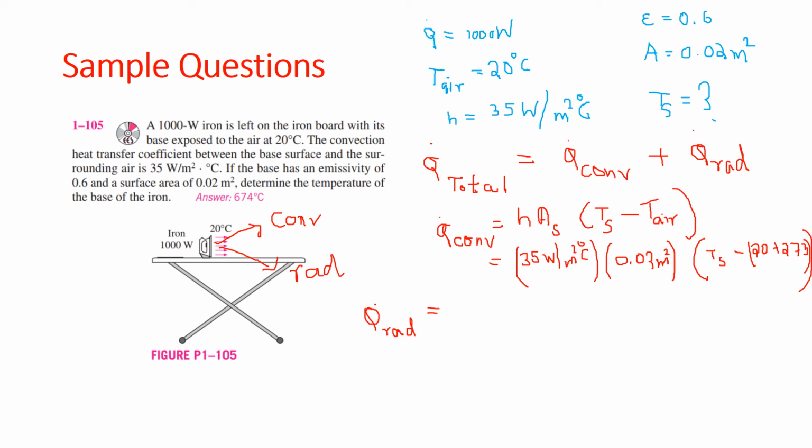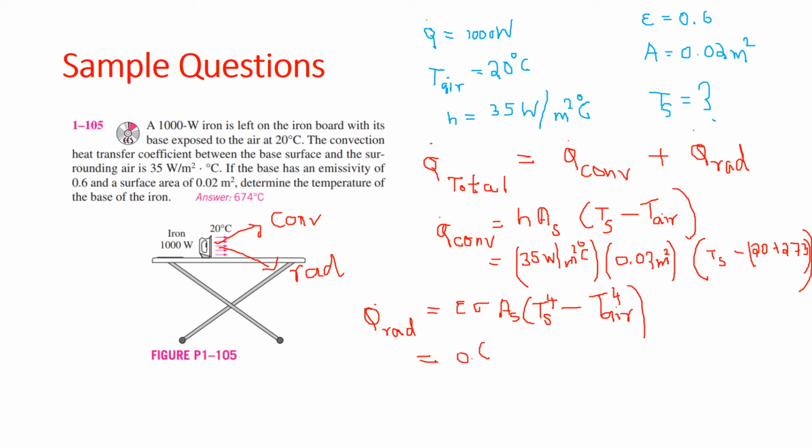It is nothing but emittivity, epsilon, times sigma, where sigma is the Stefan-Boltzmann constant, times A, times Ts to the power 4 minus T surrounding or T air to the power 4. Please don't forget to change to Kelvin. Very important.